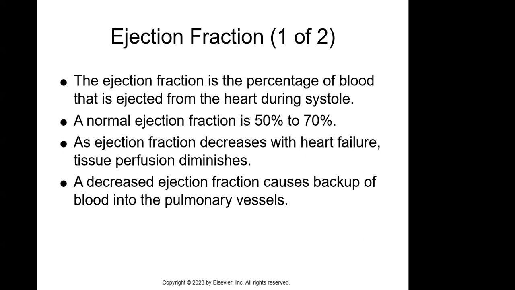Okay, so that's going to be enough to perfuse, to bring oxygenated blood to the rest of the body, the cells and tissues of the body, all the way down to your tippy toes, all the way to the top of the head. That's going to be important. We need that normal ejection fraction to be 50 to 70%.